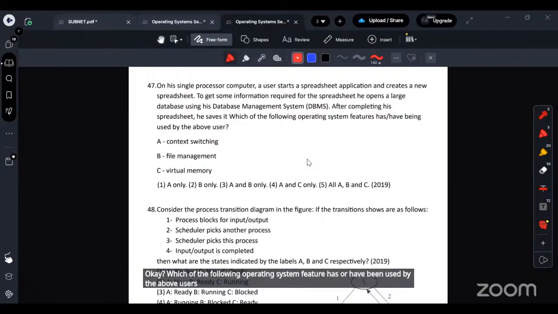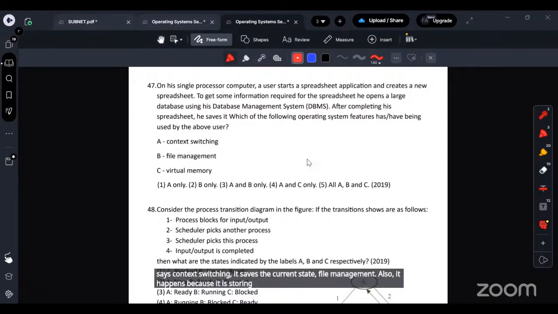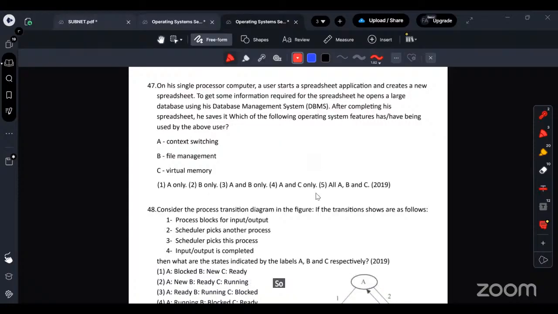I just thought this a while ago. So yes, context switching, it saves the current state. File management also happens because it is storing in the database management, virtual memory also. So the answer is all A, B, and C. Was that clear?